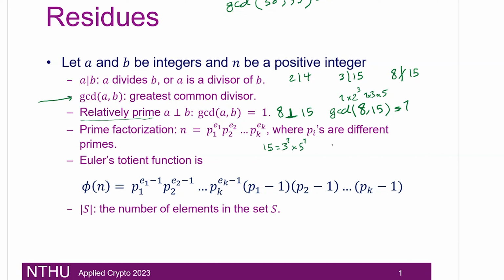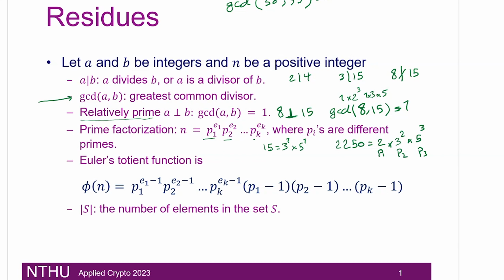Or if I ask you for the factorization of 250, then you can say that this is 2 times 3 to the 2 multiplied by 5 to the 3, right? So this is my P1, this is my P2, and this is my P3. So different primes, the basis of the prime, and then I can have some different powers over here.